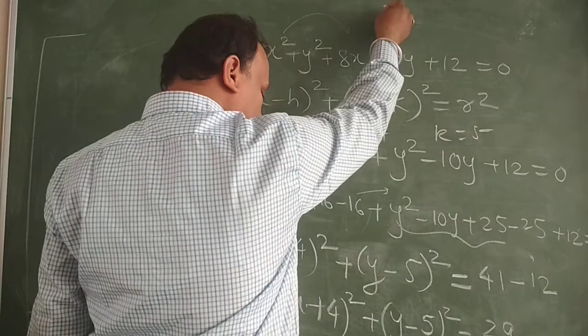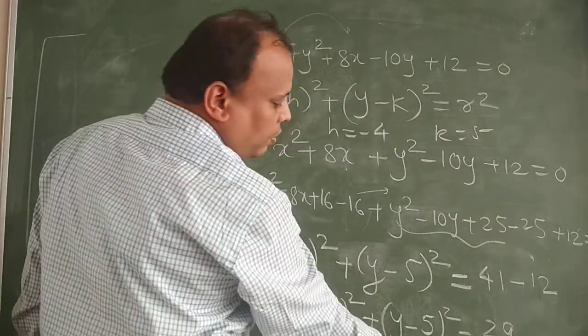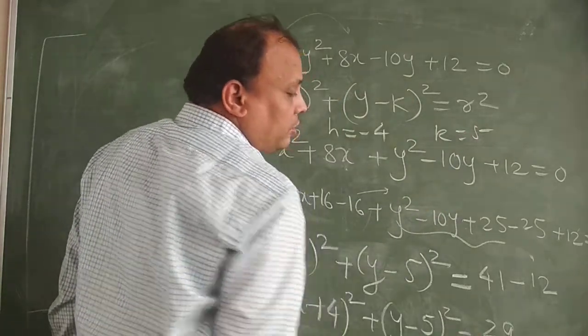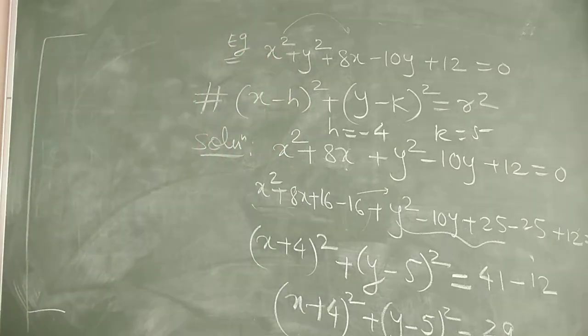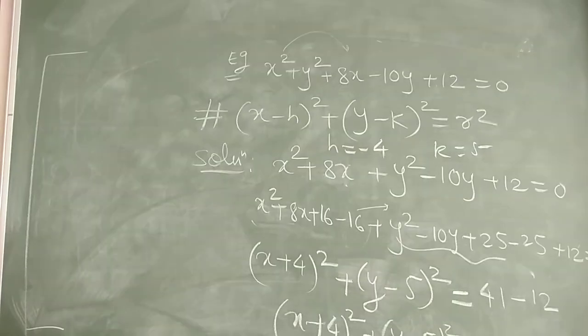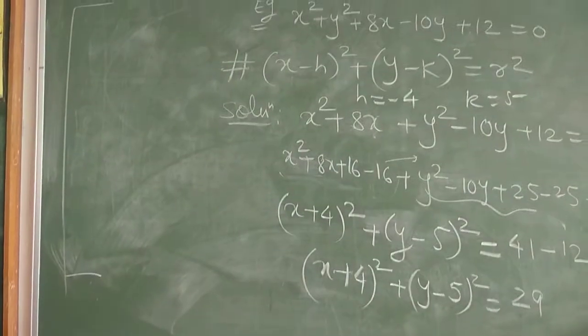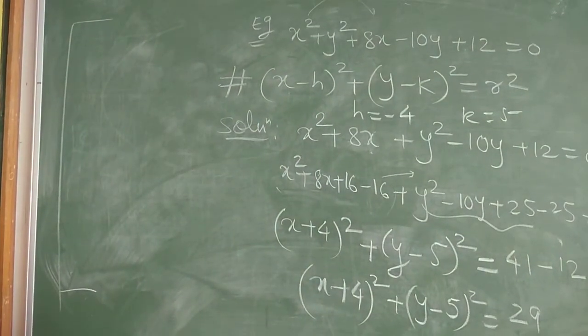The center coordinates are minus 4, 5, and the radius is root 29. That you need to understand. This is the proper way of converting the general form into the center radius form.